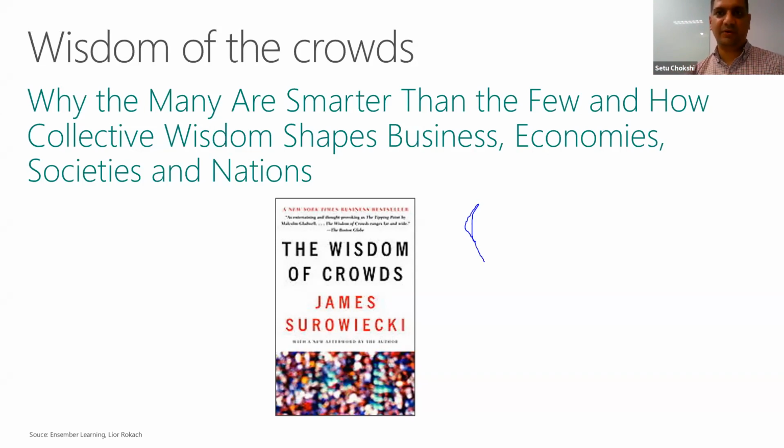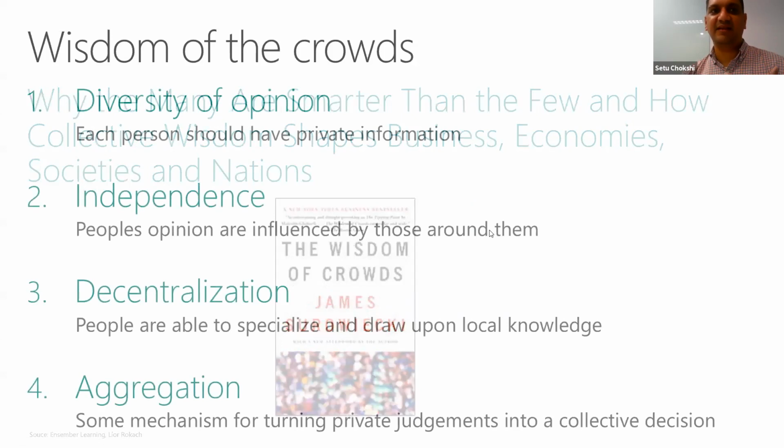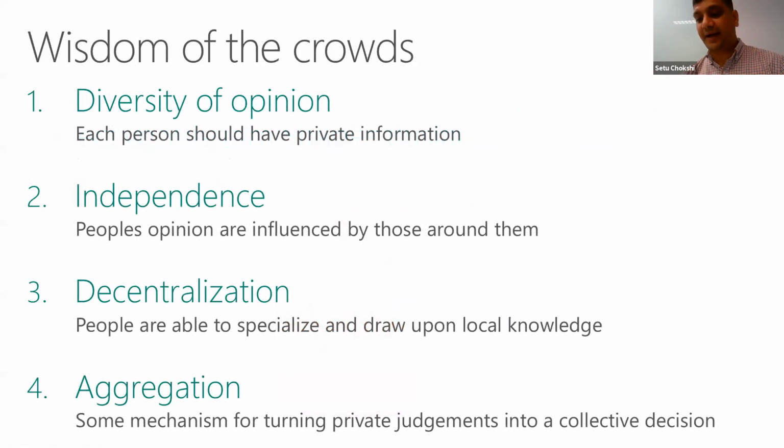Nobody is an expert on everything on Wikipedia, but there are a few guys that are good with something and they build their part. So the same concept goes into building ensemble models as well, where each model in itself is not going to do a good job, but together they will do a very good job of doing your classification.